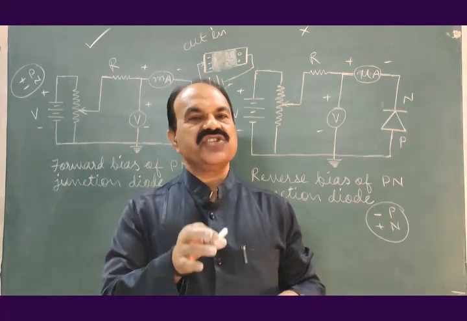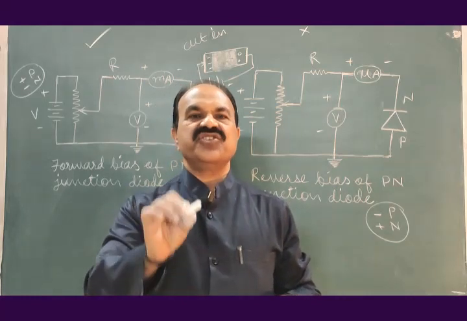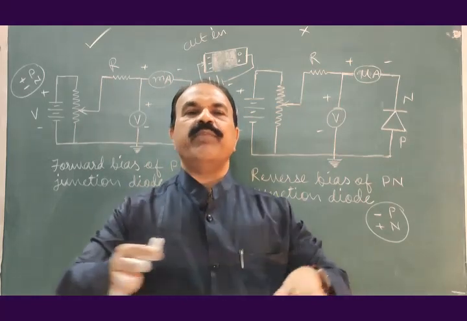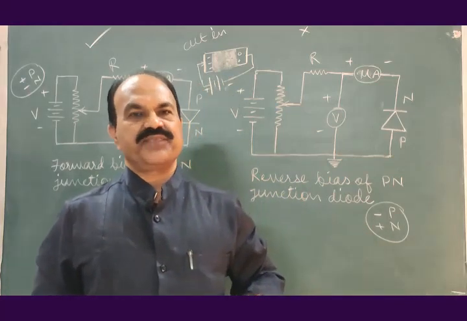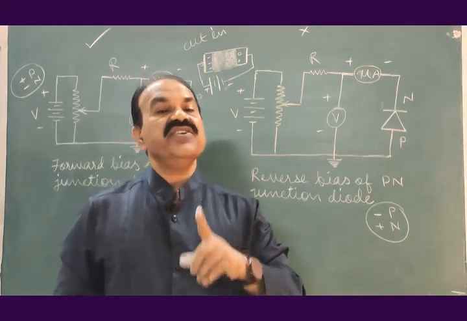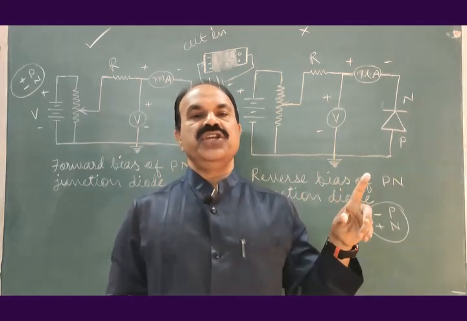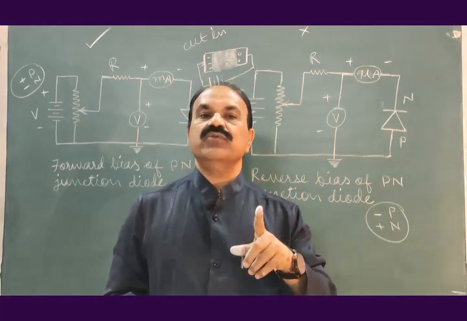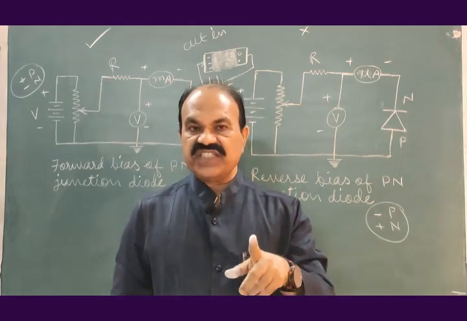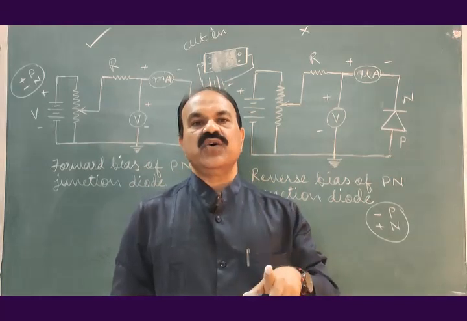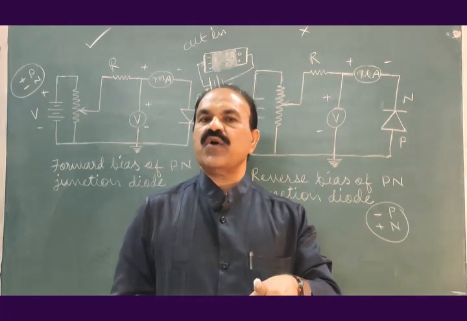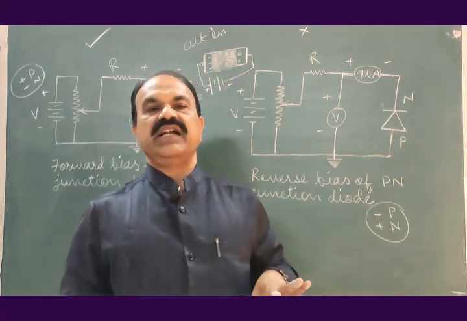Actually, the crystal structure of the PN junction diode will be permanently damaged, and therefore a PN junction diode is never used in breakdown. If a PN junction diode is used in breakdown, it will be damaged permanently.